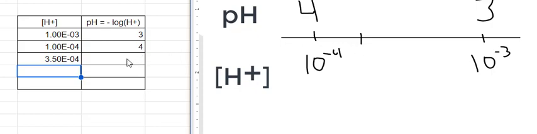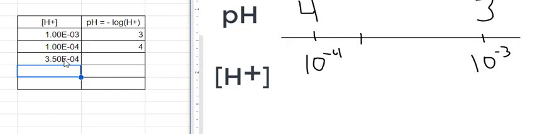But anyway, you can anticipate now, this is the whole point, that the corresponding pH value for 3.5 times 10 to the minus 4th is going to be between 3 and 4. Why is that?